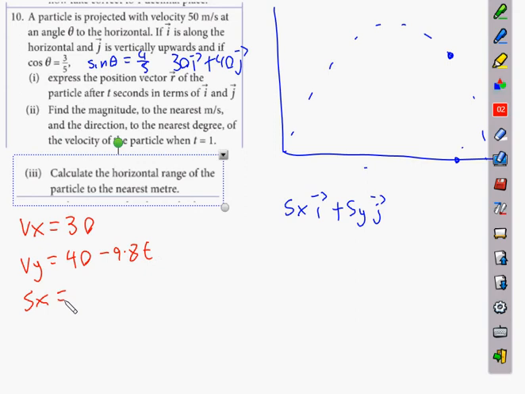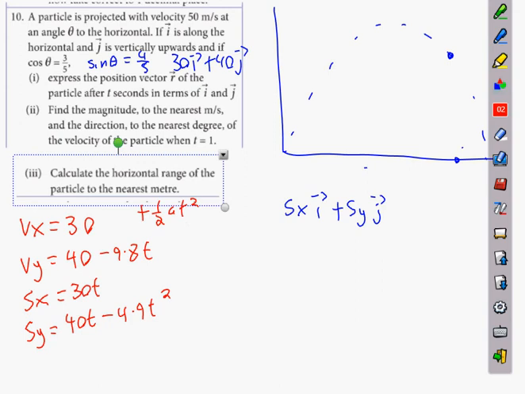Sx is ut plus a half at squared, which is going to be 30t plus nothing because there's no acceleration in the i direction. And then Sy is going to be 40t for ut, and then plus a half at squared, but because a is minus gravity, it's going to be minus 4.9t squared, because minus half of gravity is 4.9t squared.